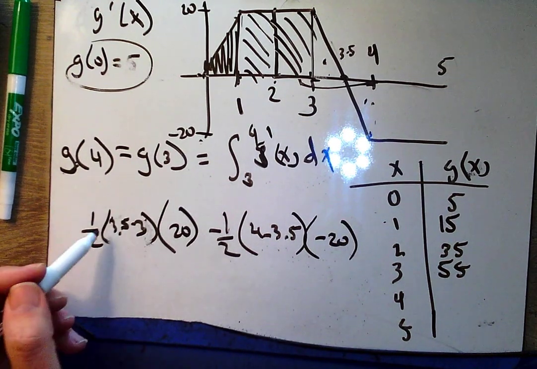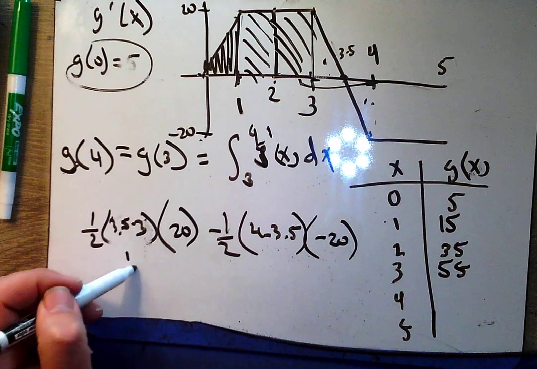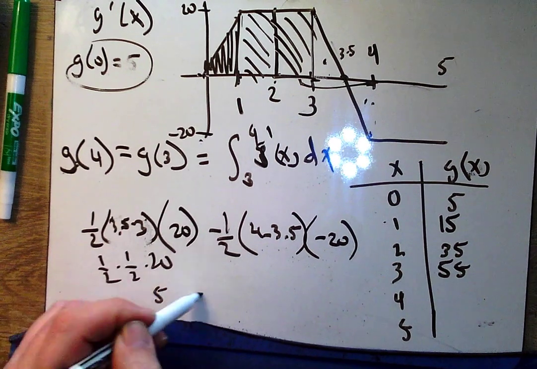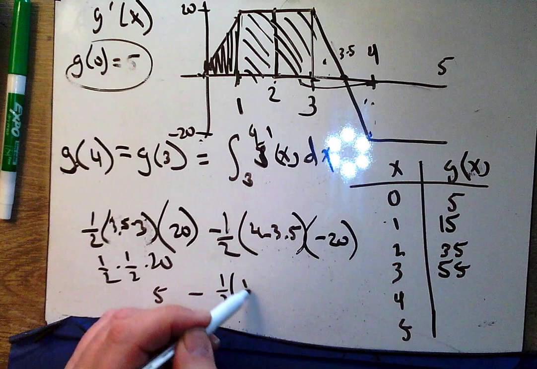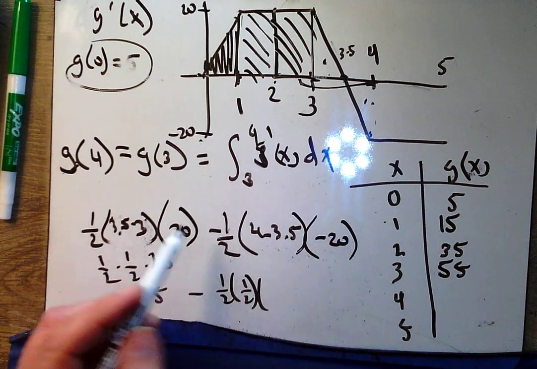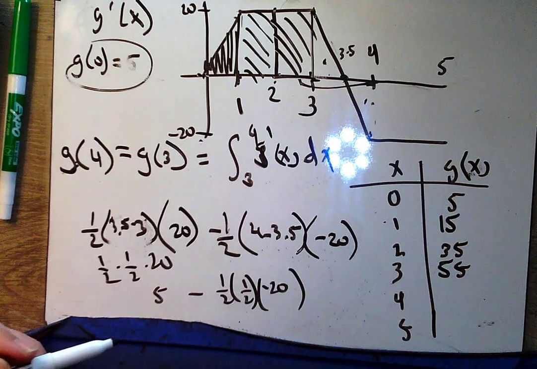All right, so this is going to be 1/2 times 1/2 times 20. And over here, we're going to have 1/2 times 1/2 times negative 20. That's interesting.